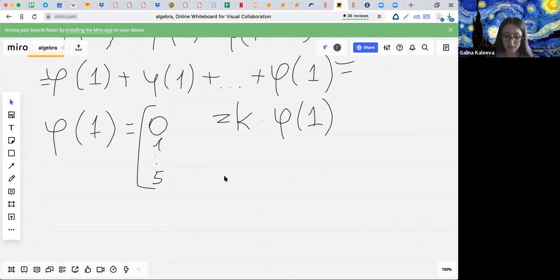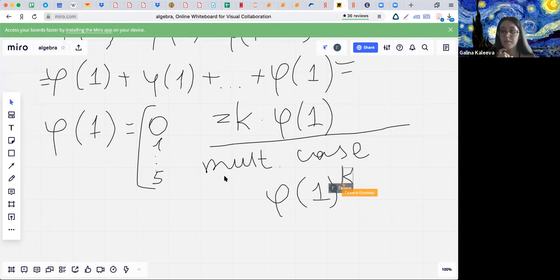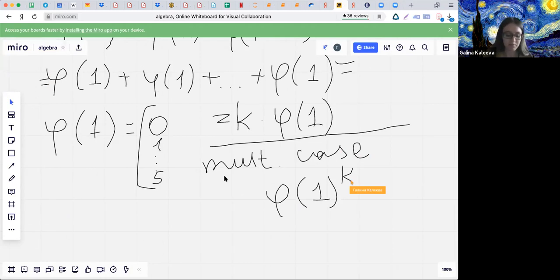In this case, we have to write down something like that in the multiplicative case: the image of 1 to the kth power. Okay? Because the operation in the image is multiplication. Let's consider analogies.